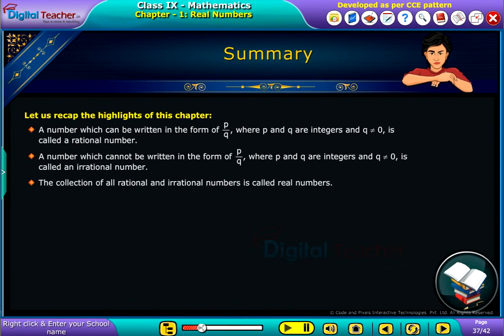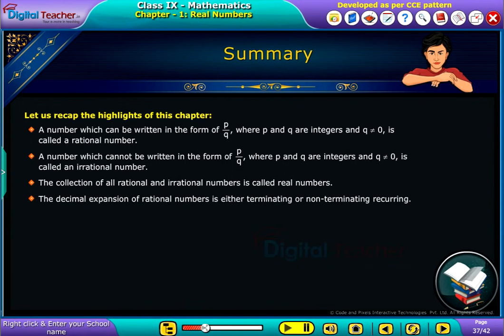The collection of all rational and irrational numbers is called real numbers. The decimal expansion of rational numbers is either terminating or non-terminating recurring. The decimal expansion of irrational numbers is non-terminating and non-recurring.